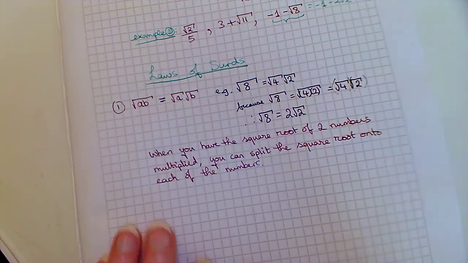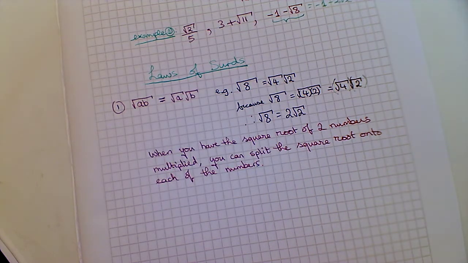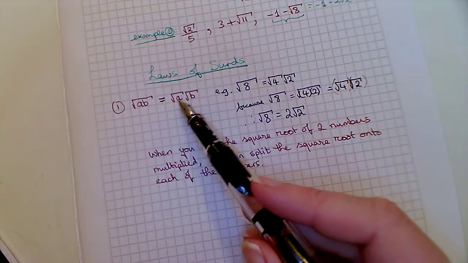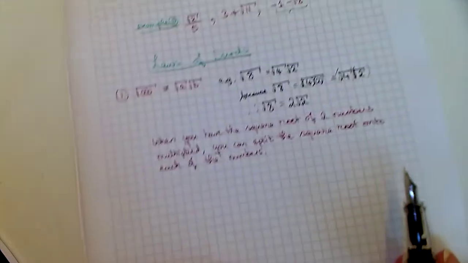Basically what it's saying is that it doesn't matter if you multiply first and then square root, or if you square root each of them and then multiply. But of course the square root must be on both of them. You can't just square root part of it.